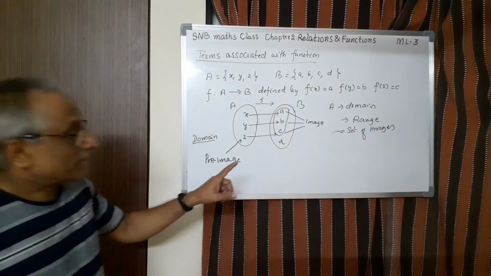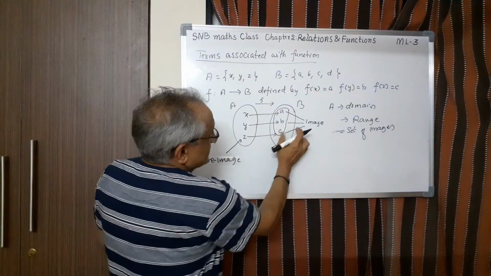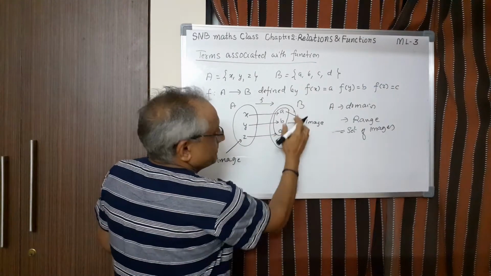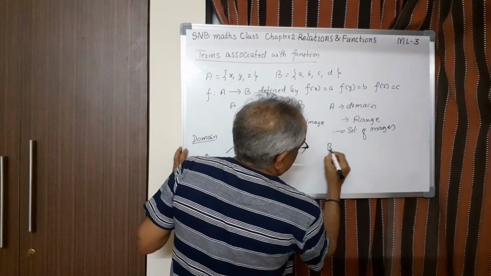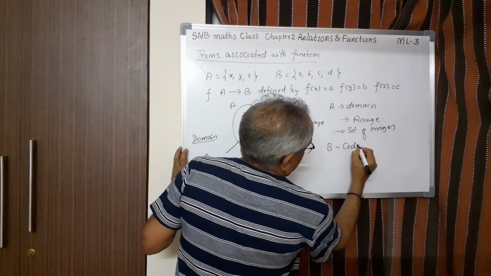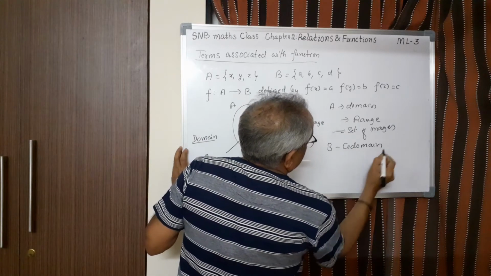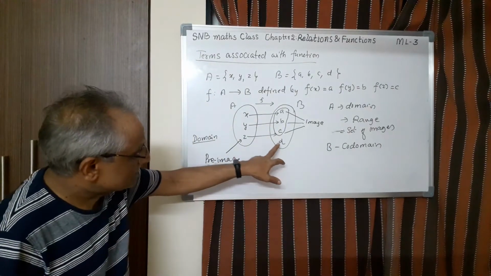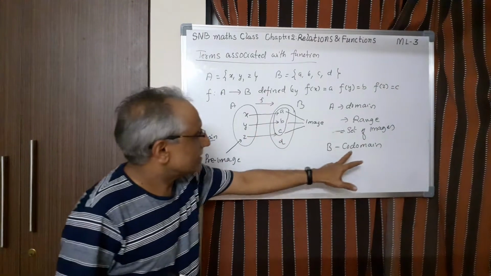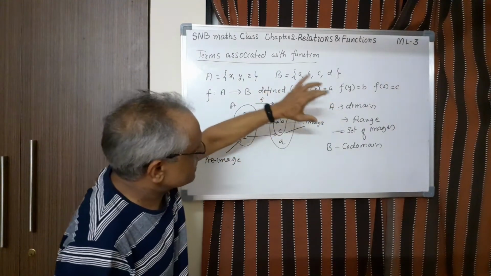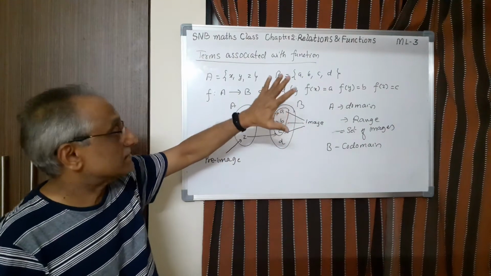And normally the range is a subset of codomain. B is codomain. So in most of the cases, whenever some elements are left out, this is the range. So range is the subset of codomain in case of function.